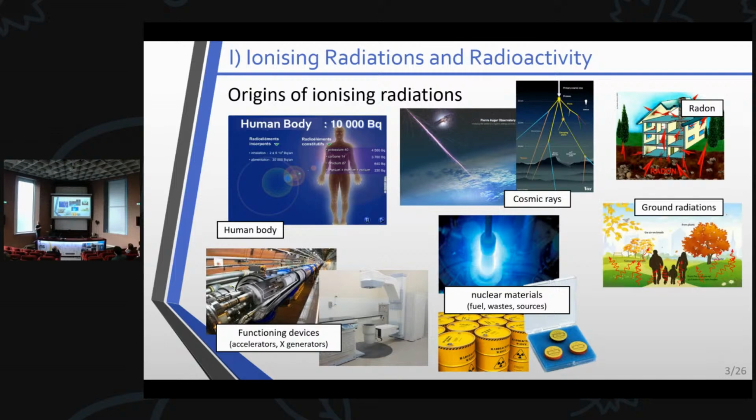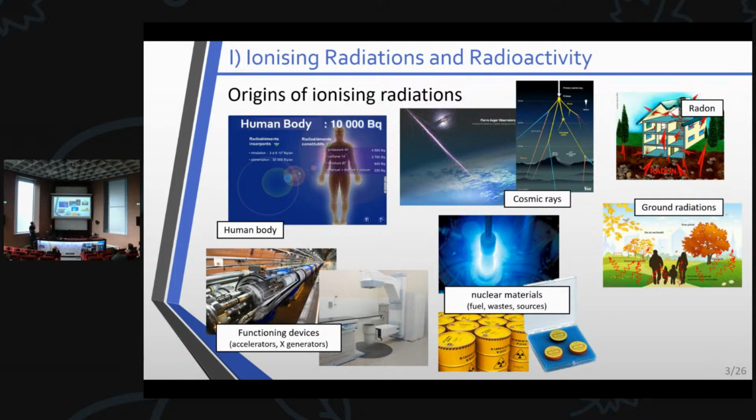So ionizing radiation can come from various sources. Some of them, as I said, are natural, others are artificial. Our own body is radioactive. There are some cosmic rays. We breathe radon, which is a radioactive gas.